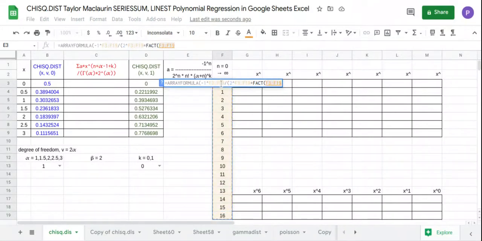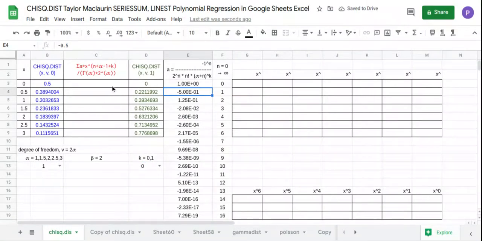And the third part, times the quantity alpha plus n, this is our n, raised to the power k. And this is our k. And we close it.